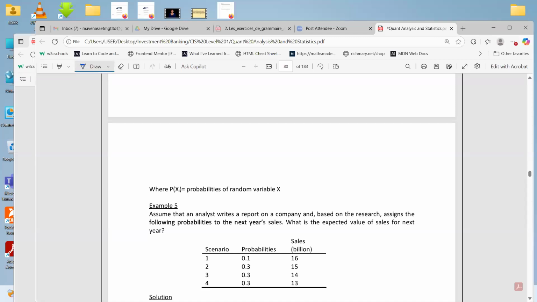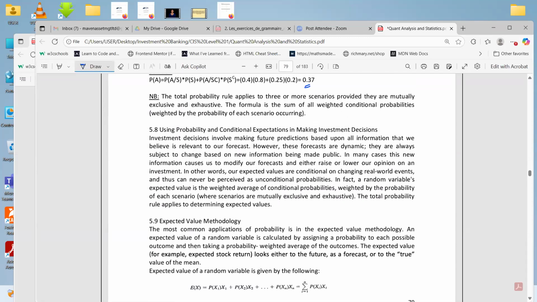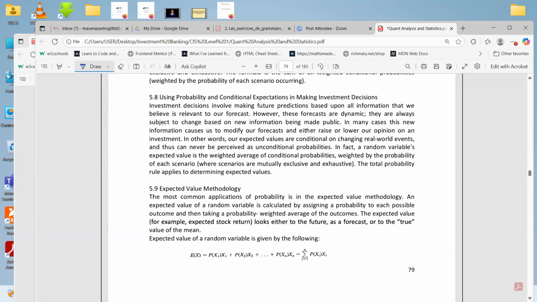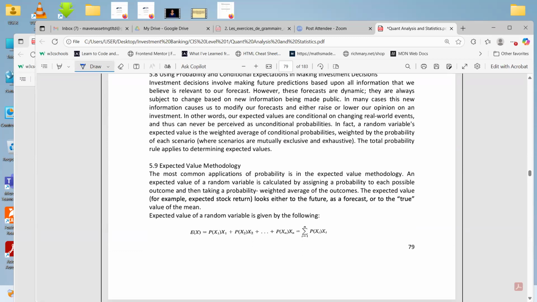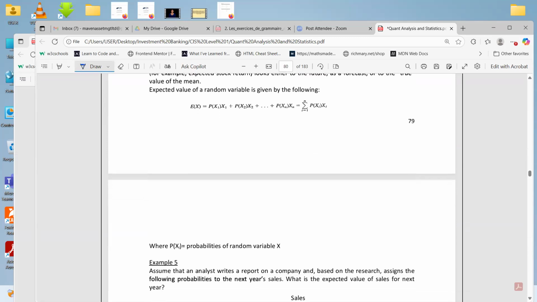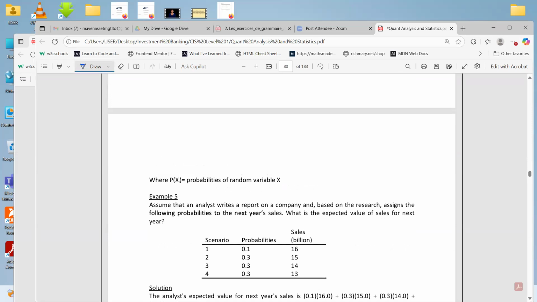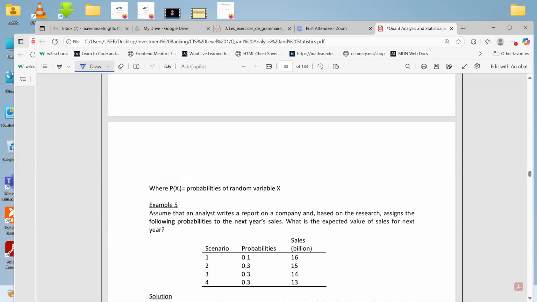I love this example. I'm trying to save time because all of these things you would read up on your own anyway. But I don't want us spending time on it because that is not where the crux of the matter lies. All right. So we have example number 5 here. Let's have somebody read this for us, please.